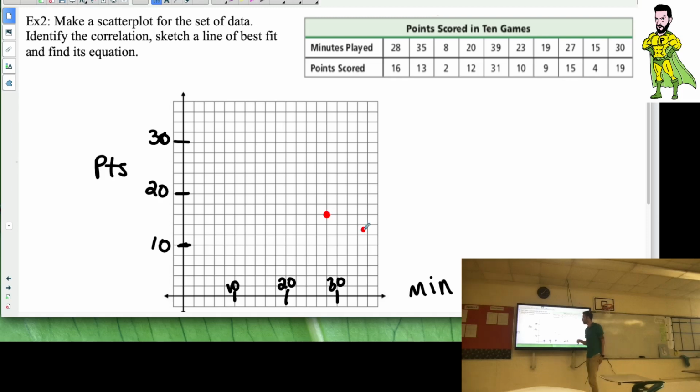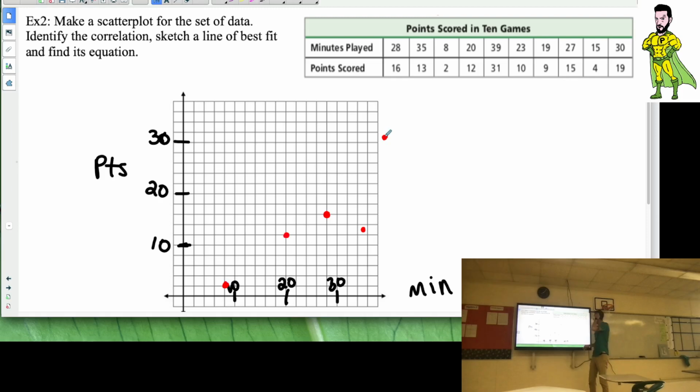We have 8, 2, which would be here. Let's see, 20, 12, 2, 4, 6, 8, 10, 12. We got 39, 31, so that'll hang off a little bit over the edge, and up to 31, be about there-ish.